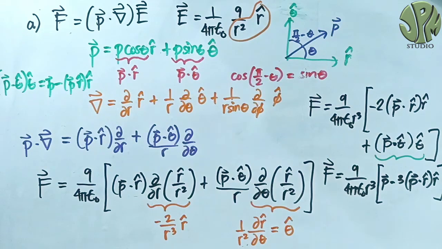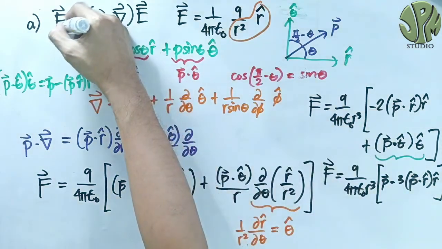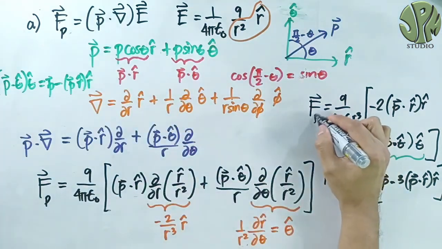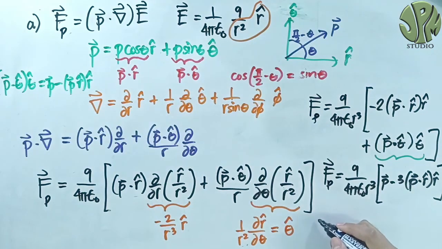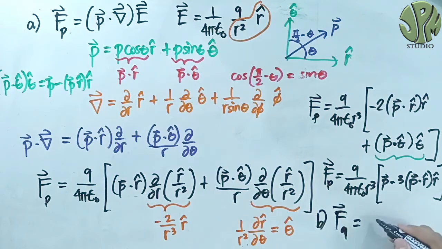So for letter B, you just need to use the electric field of a dipole. You can use the coordinate free form of the electric field of the dipole and just multiply it by Q. The force on Q, the point charge, is just Q times the electric field of the dipole, the electric field of p.